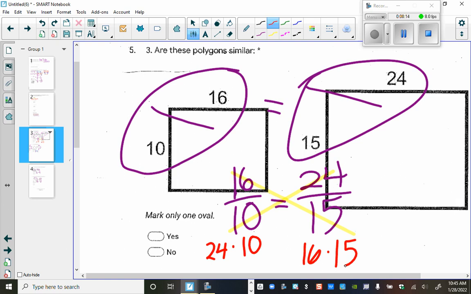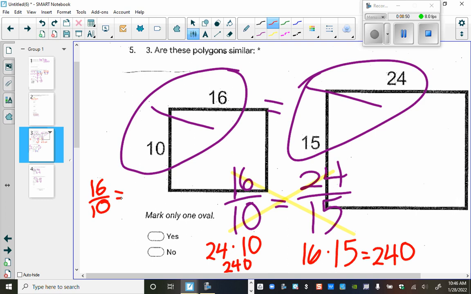So, folks, let's check. What's 16 times 15? You do a diagonal. 240. 240. And then what's 24 times 10? Yep. And the other way you could check, well, if you divide 16 by 10, what's 16 divided by 10?